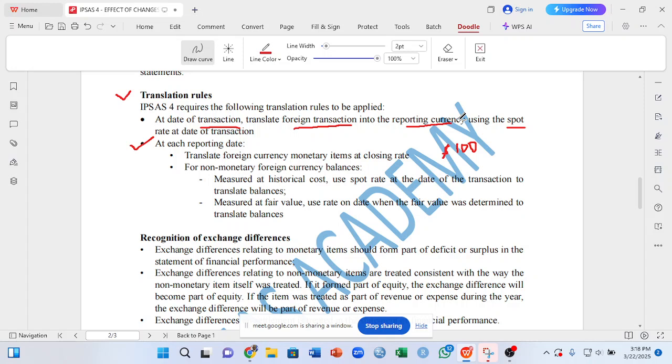So let's convert this $100 at 15.5. If it was last month, which was 14 Ghana cedi, you would have paid 1,400. How did I get 1,400? Just the 14 Ghana cedi multiplied by the 100. That gives me 1,400. Now let's convert the $100. If the exchange rate is now 15.5, what are you going to get?